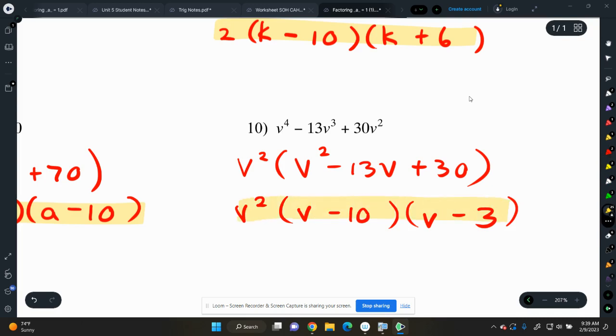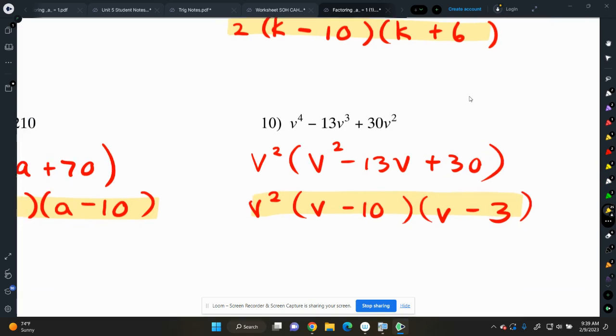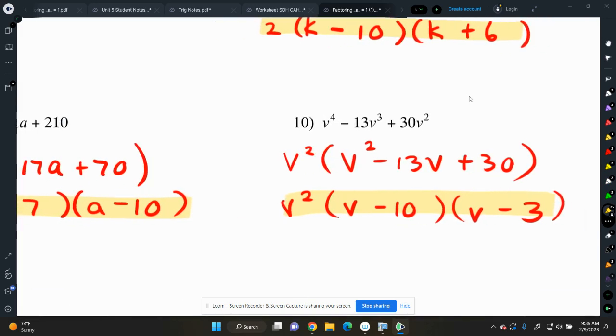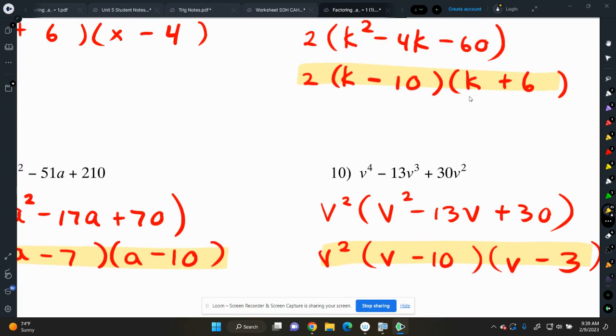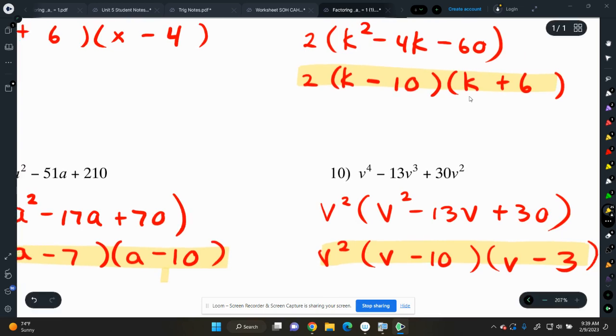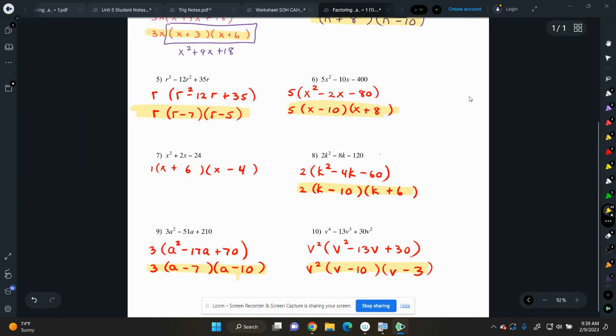So this is what our quiz is on. Just a couple reminders about your quiz. It doesn't matter which group first. If we put b minus 3 first, that would be okay. Make sure that you bring that common factor down with you.